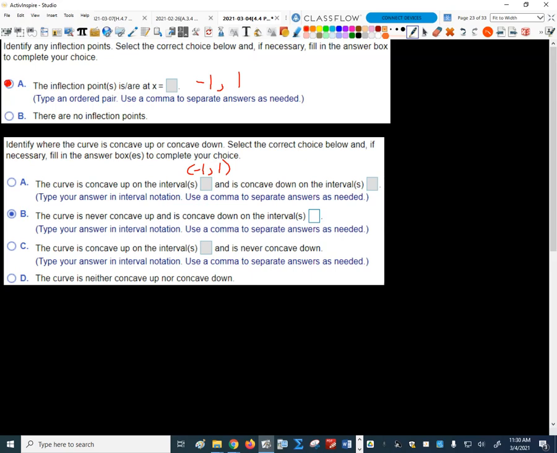At the zeros, those are transitional points. And it's concave down on the intervals negative infinity to negative 1, and we want to use commas to separate intervals. It tells us to do that. Or 1 to infinity. So that's, I don't know why that's filled in. It should be that one.